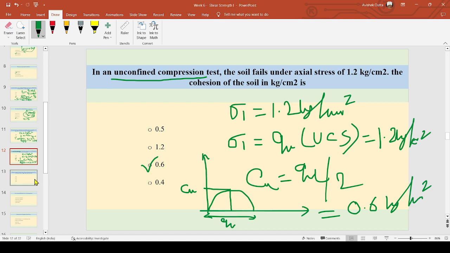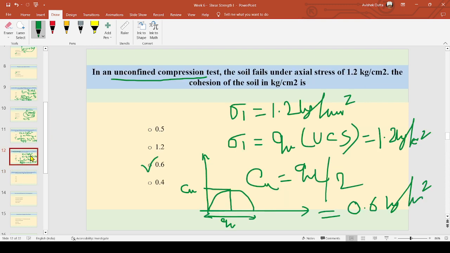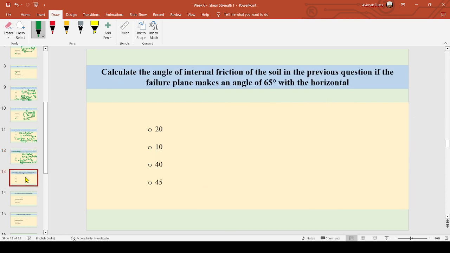Again, in the next question, it has been said, if the angle of internal friction would have come into play, that is, if the soil was not saturated clay and has some friction angle associated with it, then what will be the value? Actually, this question is totally unrelated, but it has been made to seem related just to confuse the readers.